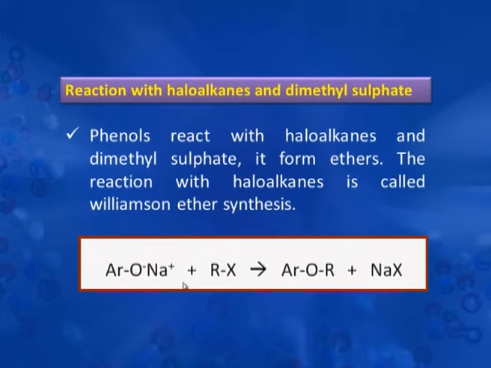This again is an example of a nucleophilic substitution reaction, but it has been found that if the alkyl halide is a primary alkyl halide or a methyl halide, then the reaction is fast and leads to the formation of ether, otherwise the products are different. Now, the question arises, why, and what are the other products formed?